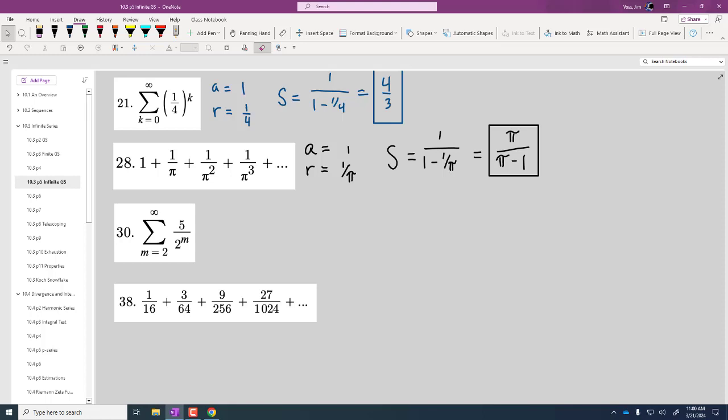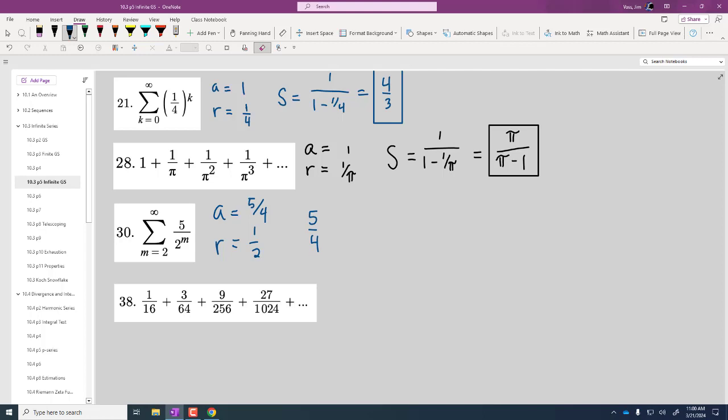Okay. What is a for this one? 5/4. Totally agree. And what is the r value for this one? So the r value is going to be 1/2. Let's make sure we understand why. If we were going to write this series in expanded form, we would first start with 5/4.